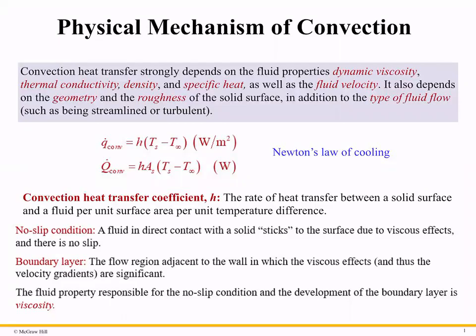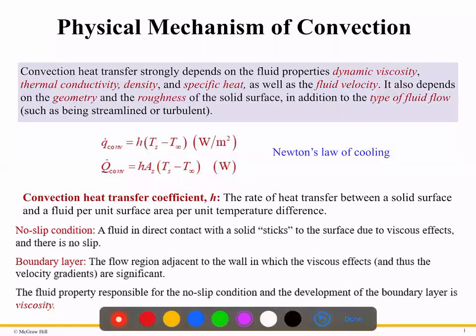Okay, so now we will try to understand some physical mechanism of convection and some basics which are important for the pipe flow. So we already know from Newton's second law of cooling that the physical expression for the convection mechanism is this, h A delta T. So we know it for the convection, or you can say this is the heat flux.